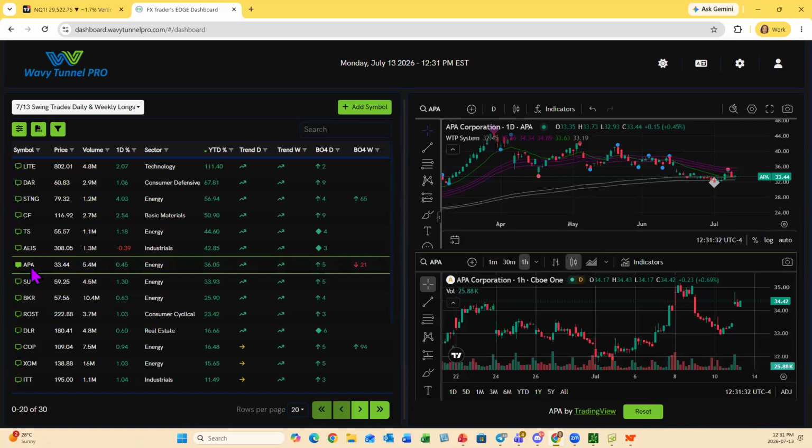I like this one. I kind of messed up with this one in the sense that when I looked, I wanted to buy this one again, but we gapped higher today, so I'm not in it.